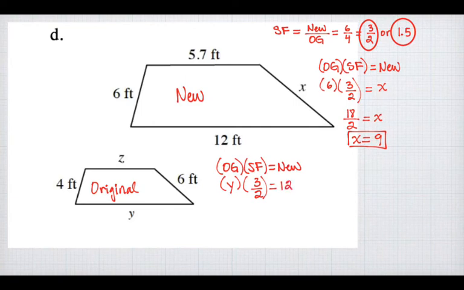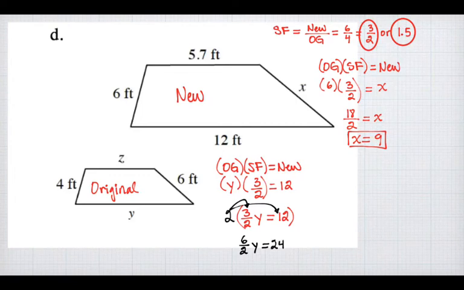So our equation becomes 3 over 2 y equals 12. What am I going to do to the whole equation? Multiply by what? 2. So now what's 2 times 3? 6. So this becomes 6 over 2 y equals 24, because 2 times 12 is 24.